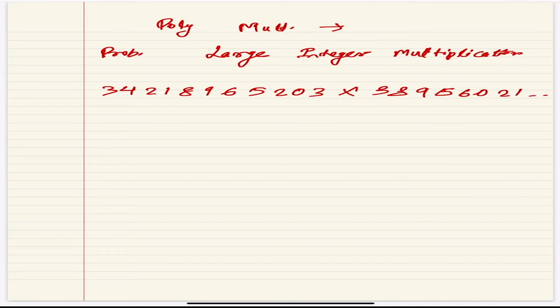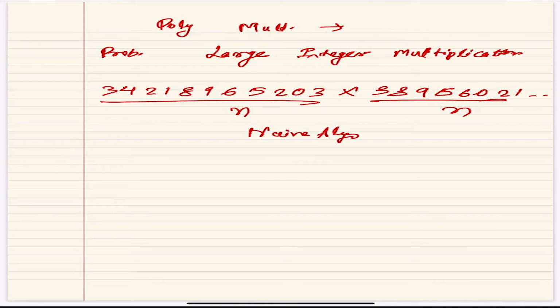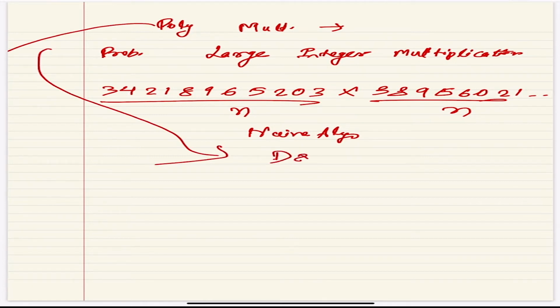Let's say I have 2 large integers of n digits each, and I have to multiply these. Now think about what would be the naive algorithm and how you can map it to the polynomial multiplication problem to achieve a divide and conquer solution, and how you can make it more efficient. That is for you to try, and we can discuss if you have any doubts on this.